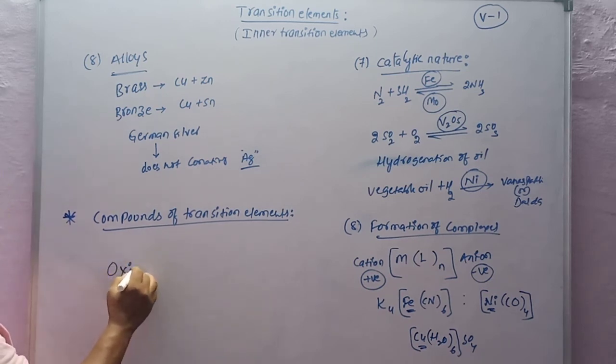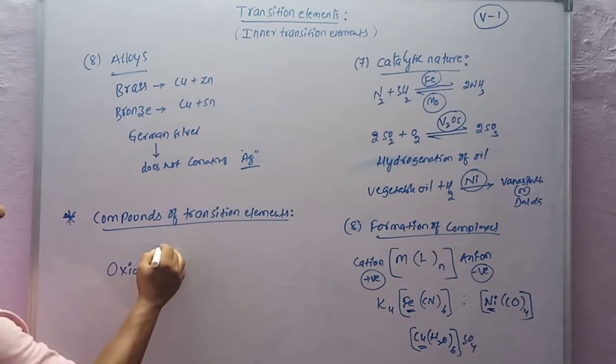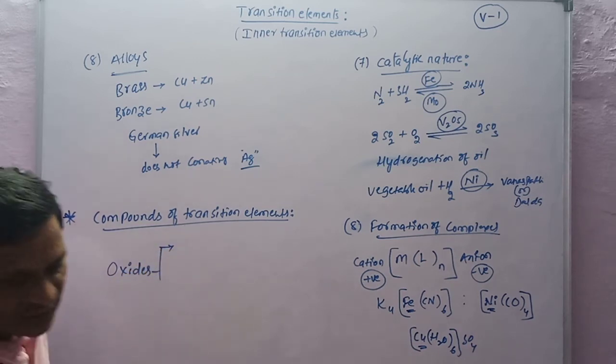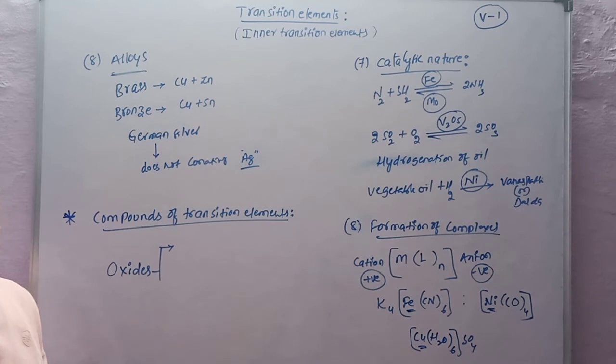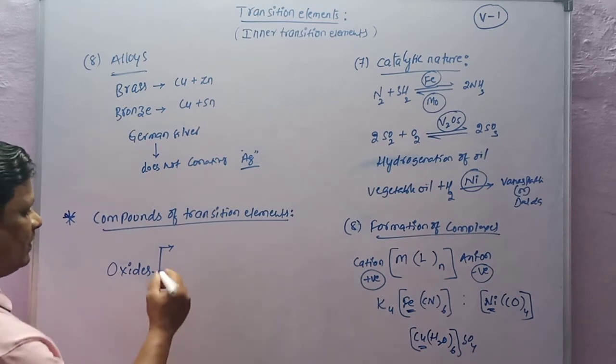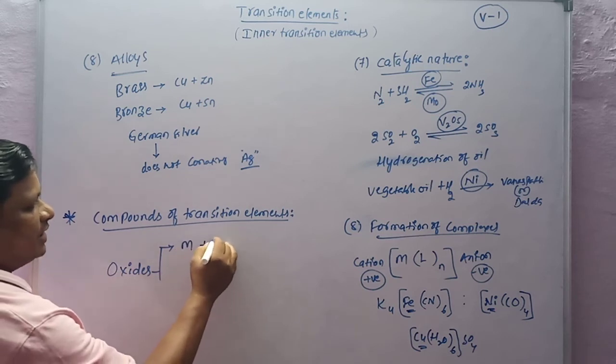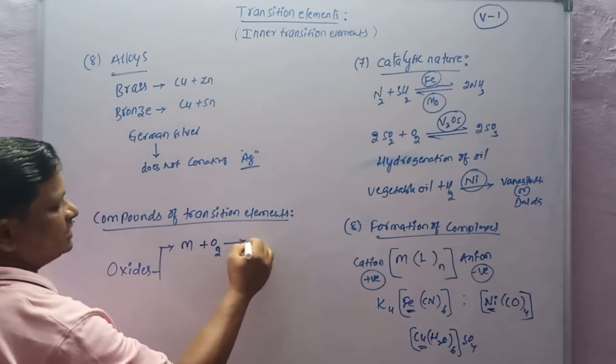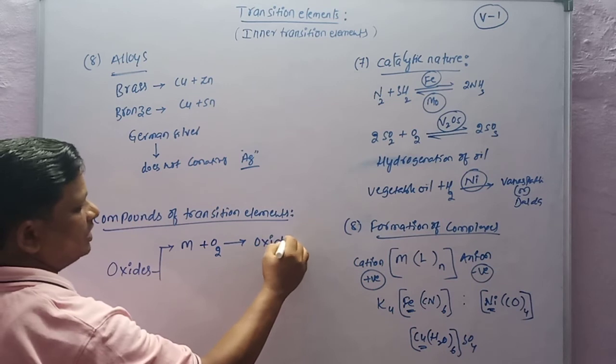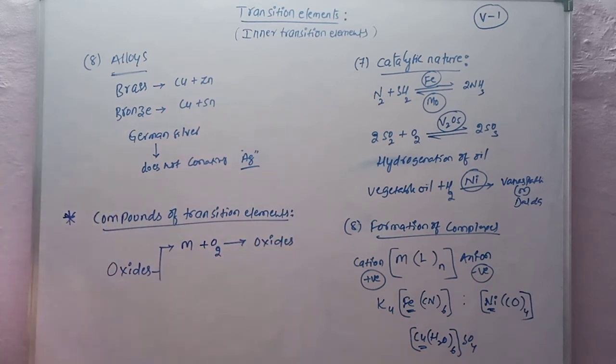Generally, transition metals are denoted with M. Transition metals react with oxygen and give the corresponding oxides.